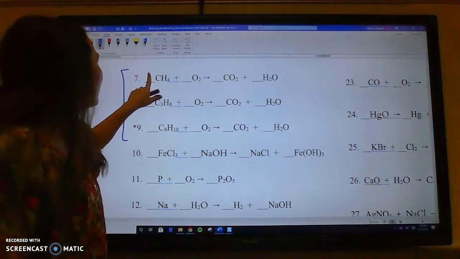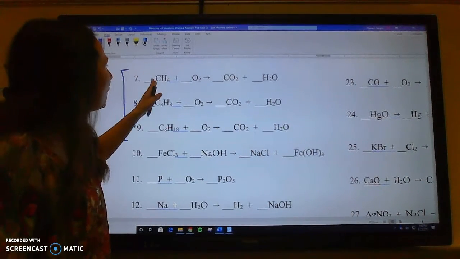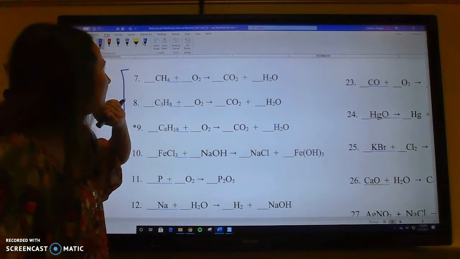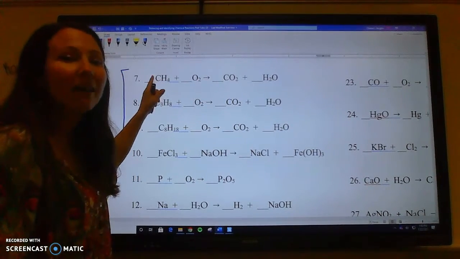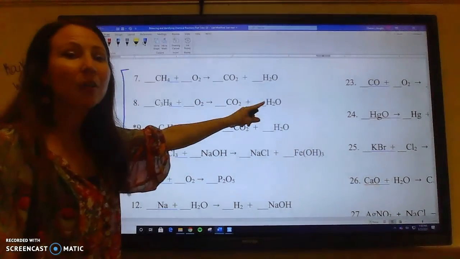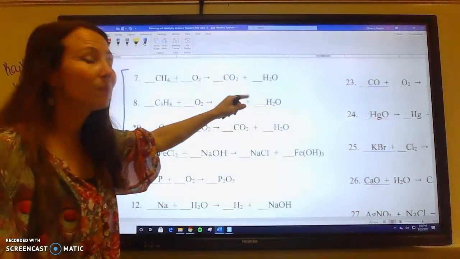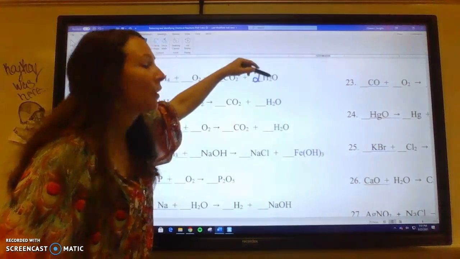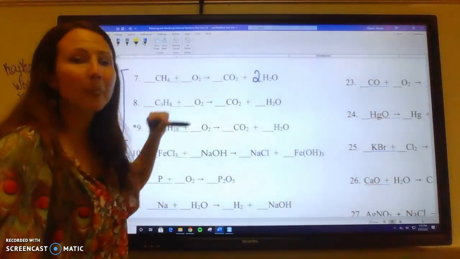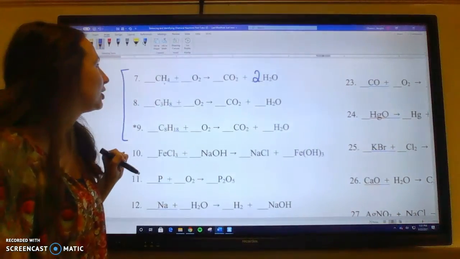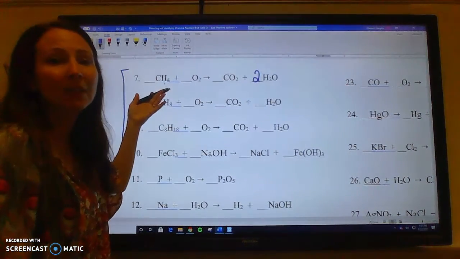For number 7, we have 1 carbon on the reactant side, 1 on the product side. Looking at hydrogen, I have 4 hydrogens here. On the product side, I only have 2. So I need to put a 2 in front of this in order to balance it. Okay, so I balanced out my H's. My C's I didn't have to do anything with.